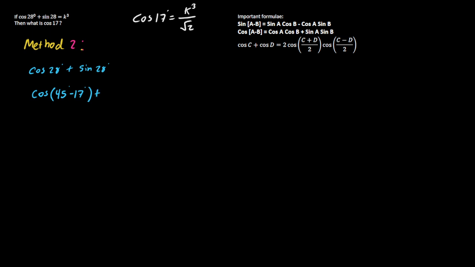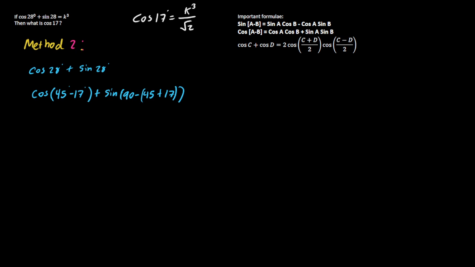But you can make sine 28, you can make that sine 90 minus 45 minus 17. Or, if you want to simplify it, you can put 45 minus 17 in brackets and change it to a plus. So that's what we have right now.